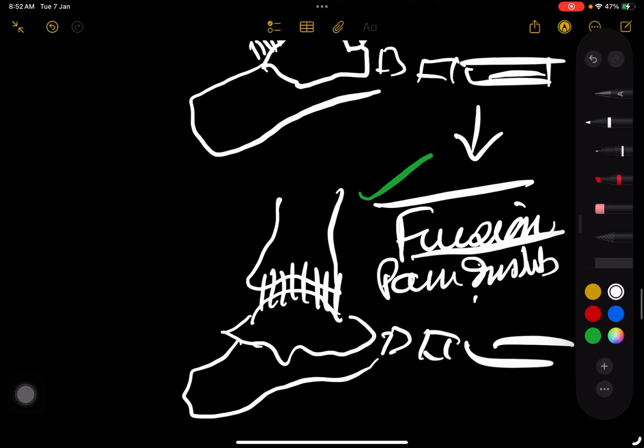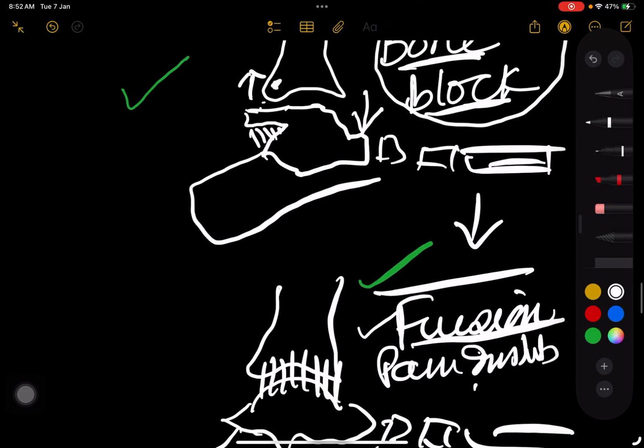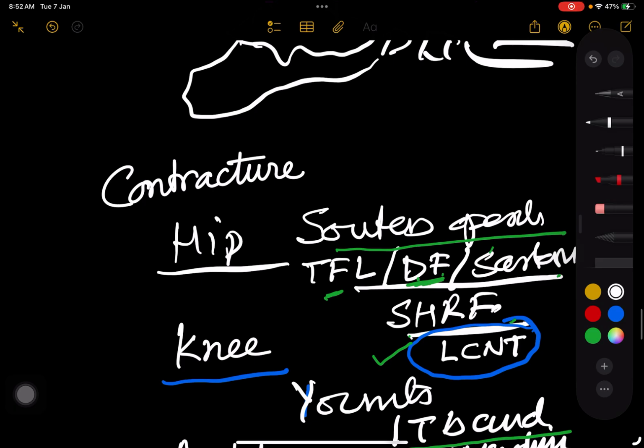And if there is pain or instability of the ankle, then you have to fuse the joint. So that is fusion. So tendon transfer, bone block and fusion for localized paralysis, and caliper or orthotic device for many joint involvement.